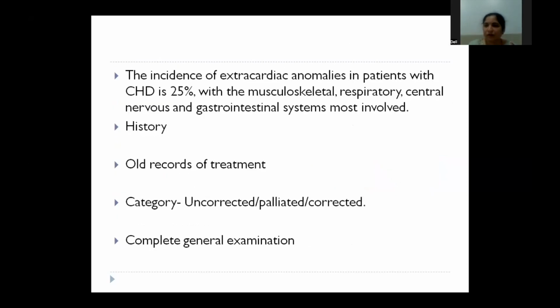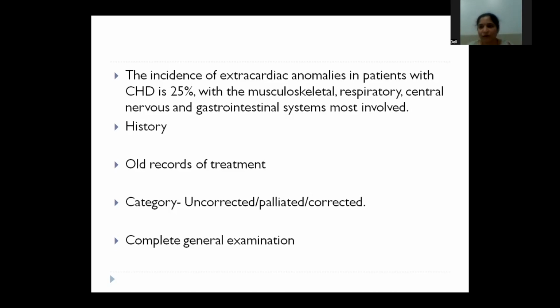So coming to the risk stratification of congenital heart diseases, before going to the actual anesthesia management, the incidence of extracardiac anomalies and other genetic diseases is 25% with congenital heart disease, and so we should take a detailed history and perform a detailed examination of these patients for any other associated anomalies.